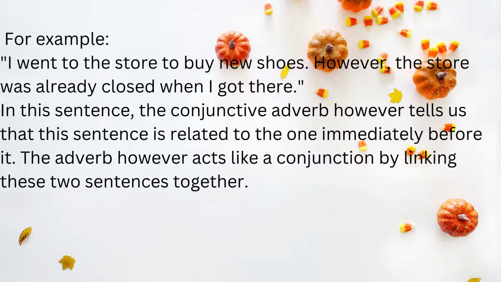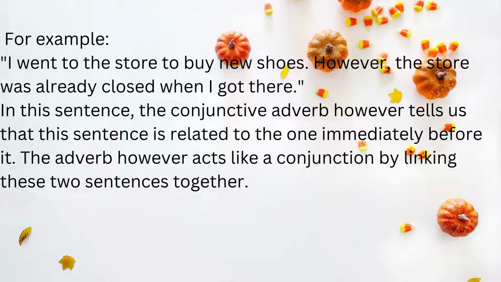For better understanding, here I have added some examples. Example number one: I went to the store to buy new shoes. However, the store was already closed when I got there. In this sentence, however is a conjunctive adverb.